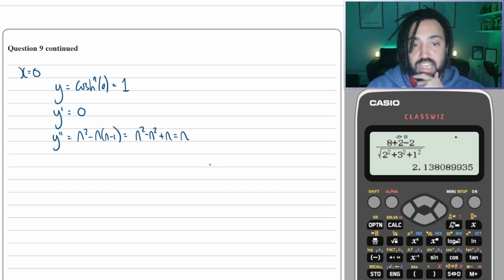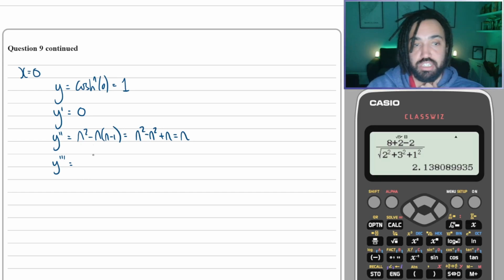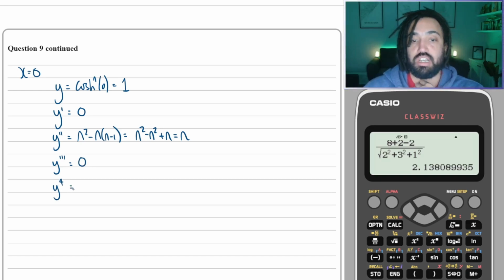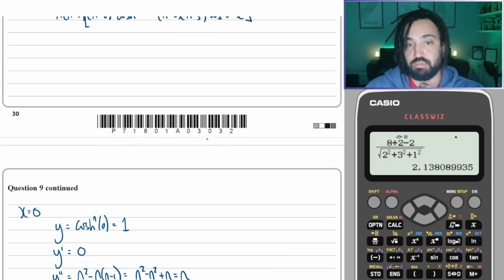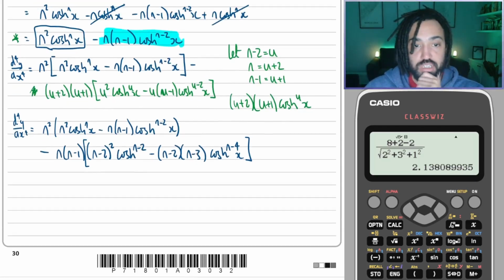So that's just going to be n. Now this is going to work in a pattern in that when I differentiate the second derivative, I will also get a sinh. So that is going to give me 0 as well. And that's why we've been asked to work out the fourth derivative in order to get our first 3 non-zero terms.